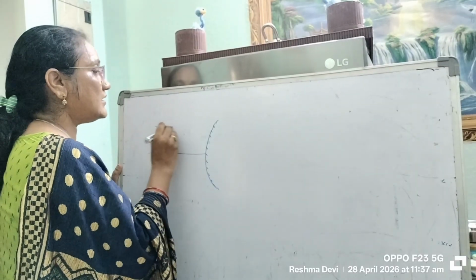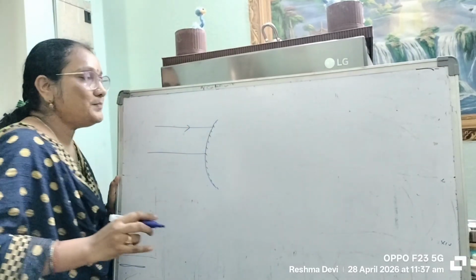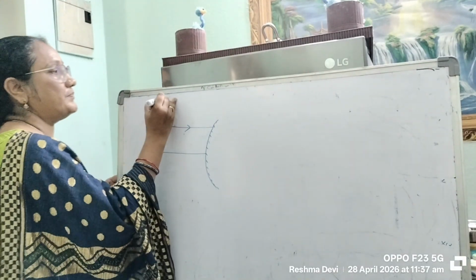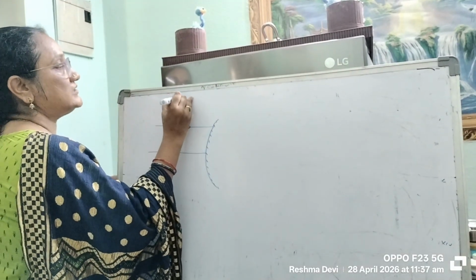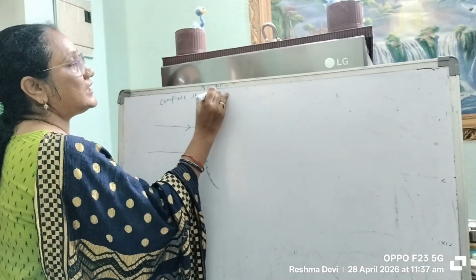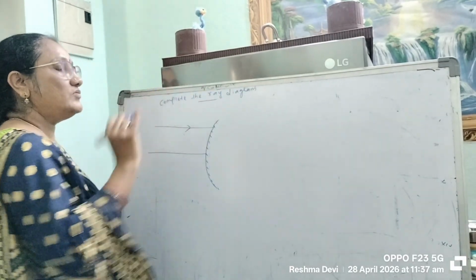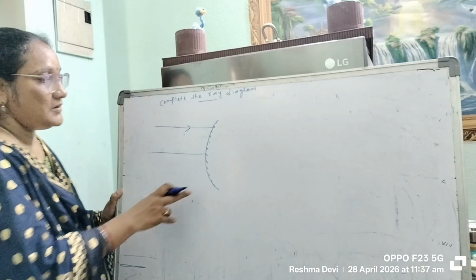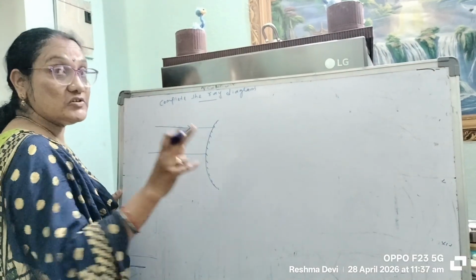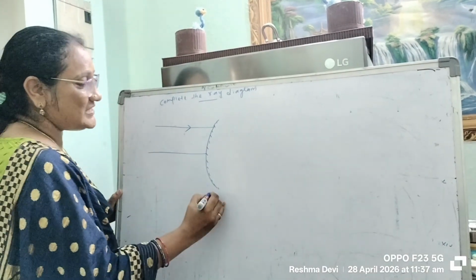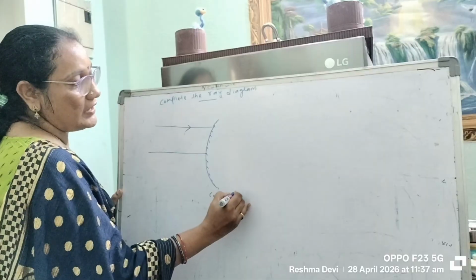He will say, complete the ray diagram. First, identify the mirror. What mirror? The concave surface is polished, so this is a convex mirror.